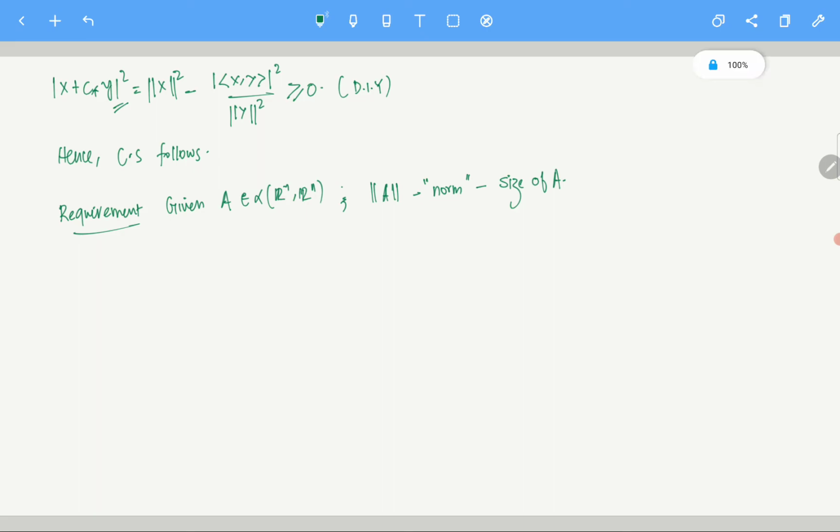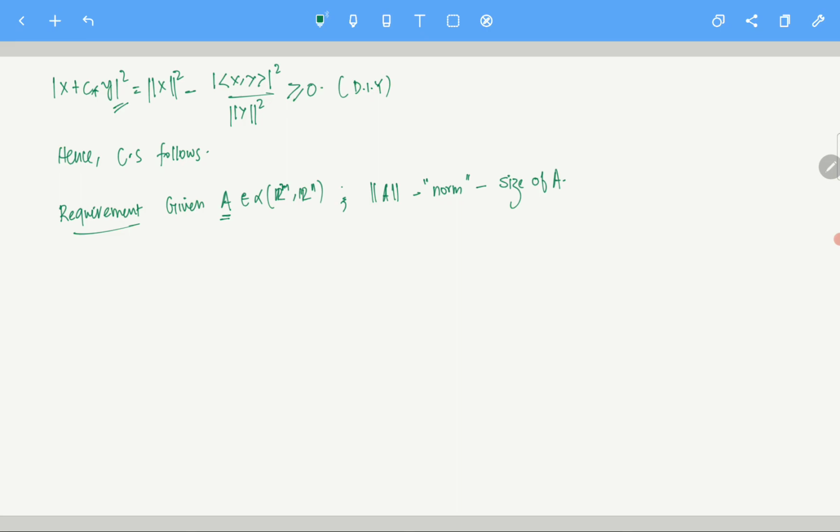If A is from Rm to Rn, then the linear maps from Rm to Rn are isomorphic to a vector space of dimension mn, basically Rmn. So the point is that you can think of A as a vector.